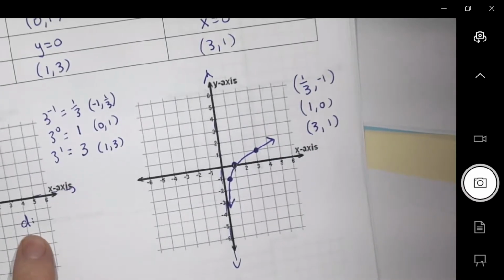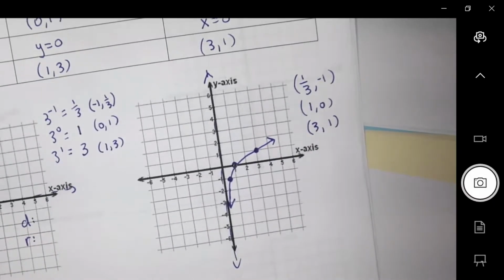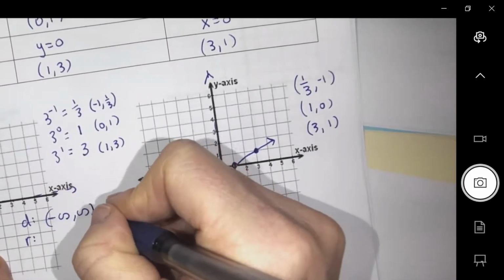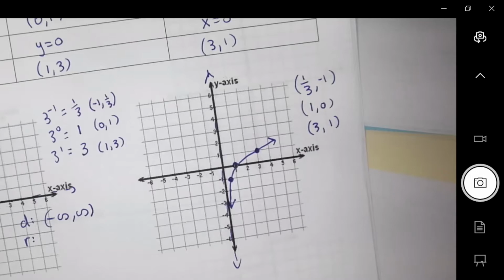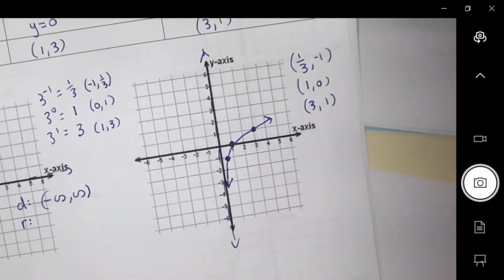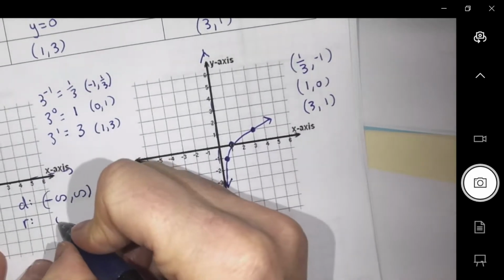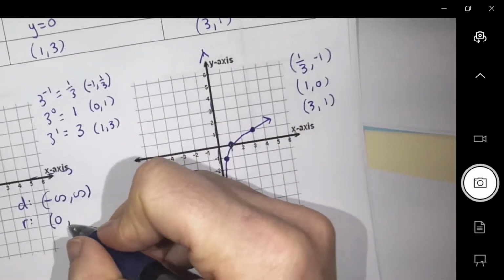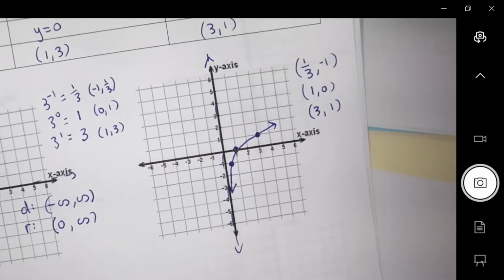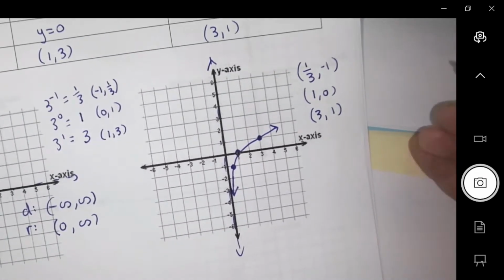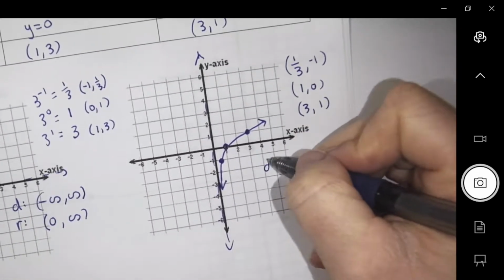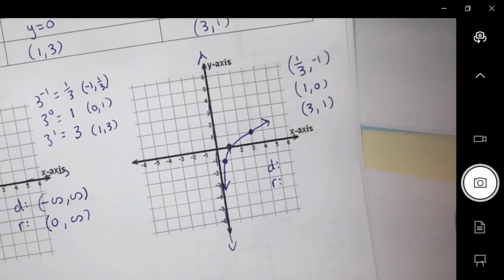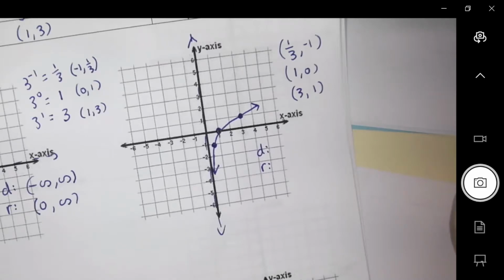So this one has a domain. It will go negative infinity to positive infinity. And the range, the lowest is 0 with a round bracket, because it's an asymptote of 0, to infinity. And then what do you think about this one?